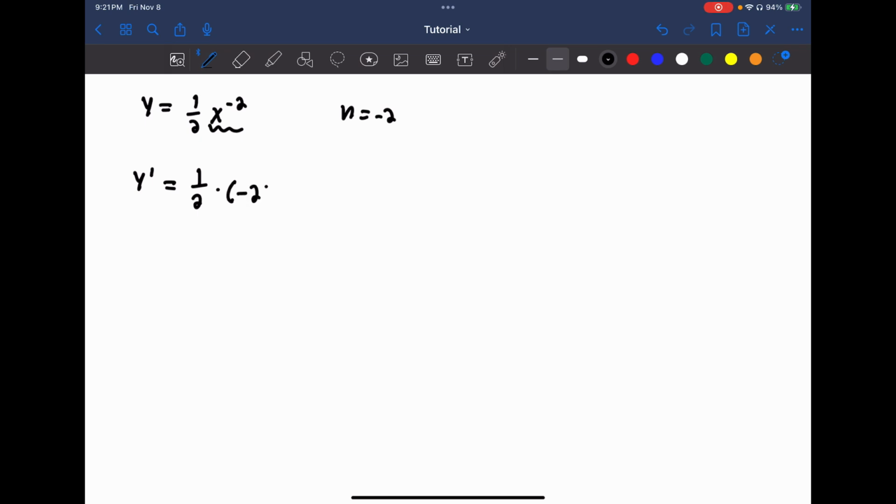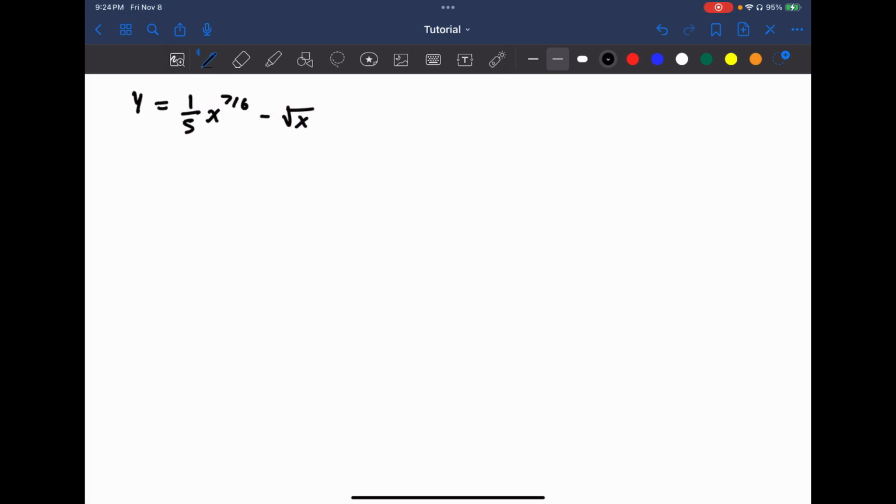So we multiply everything by negative 2 times x to the power of n minus 1. So n minus 1 will be negative 3. So our final answer would be negative x to the power of negative 3. This is our final answer.